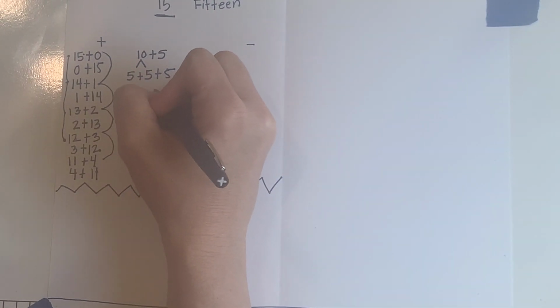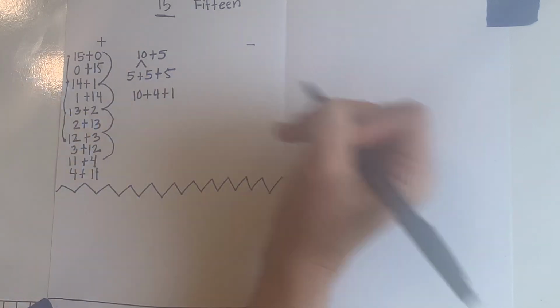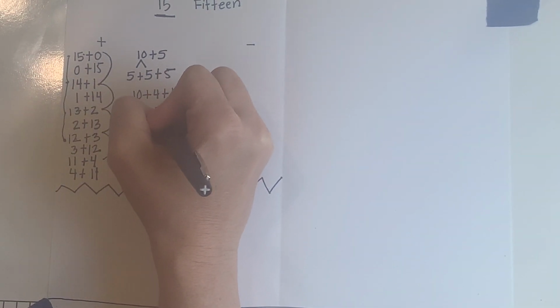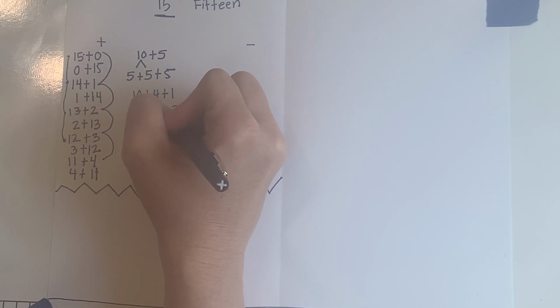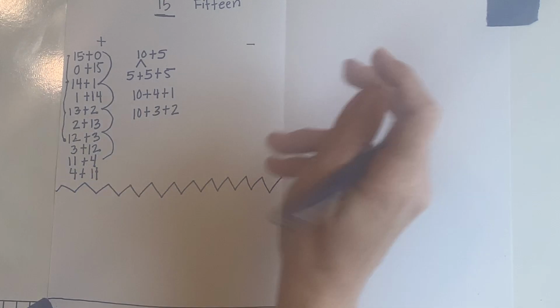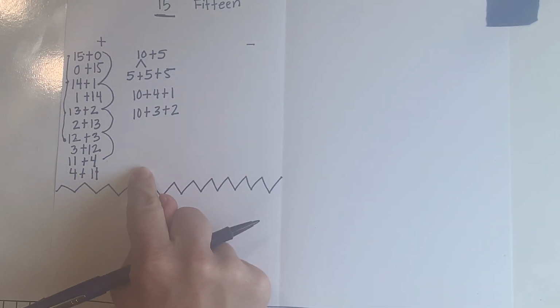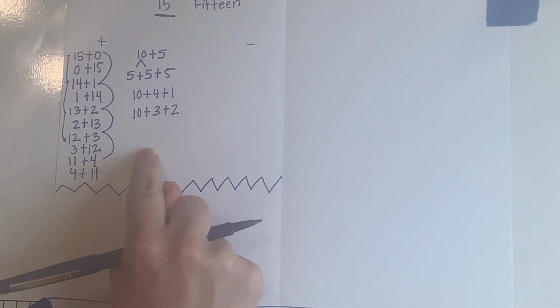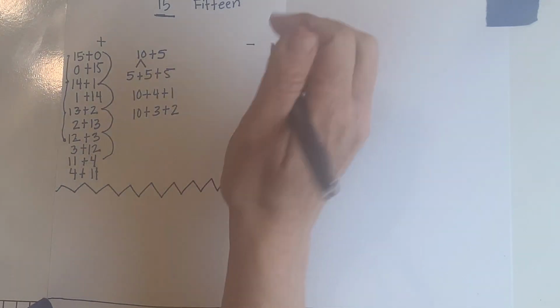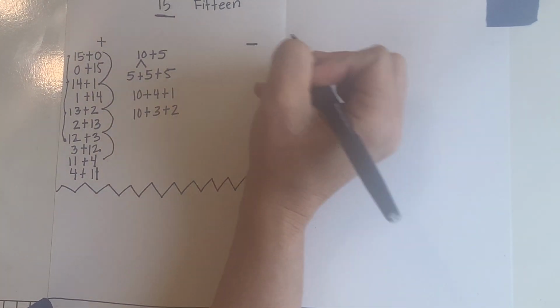I could do 10 plus 4 plus 1. I could decompose the 5 in a different way and do 10 plus 3 plus 2. And I could think of some other ways to make 15 too. I'm going to leave space here for you to think about some additional ways to use addition to get to 15.